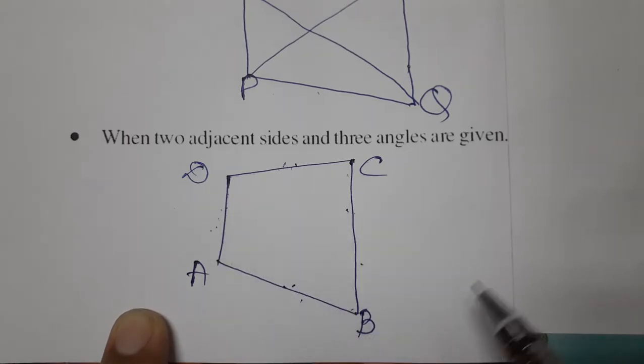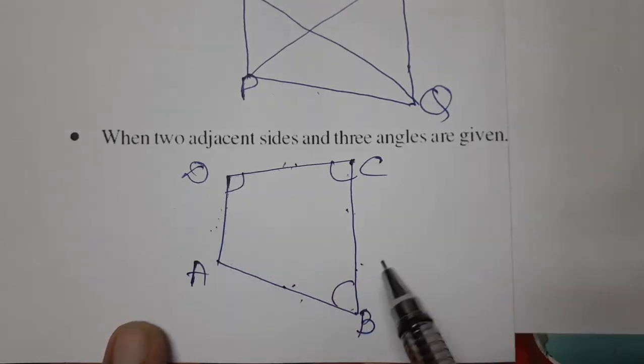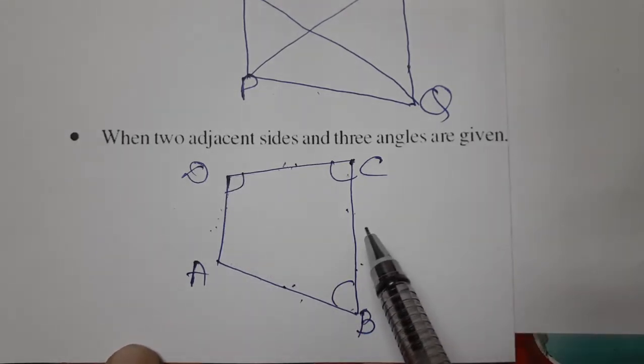Out of these four pairs, any one adjacent pair is given to us, and any three angles are given. Then we can also easily construct the unique quadrilateral.